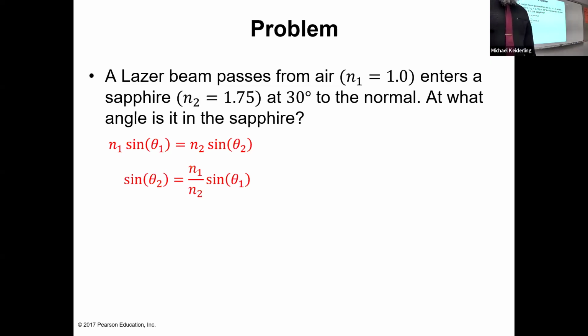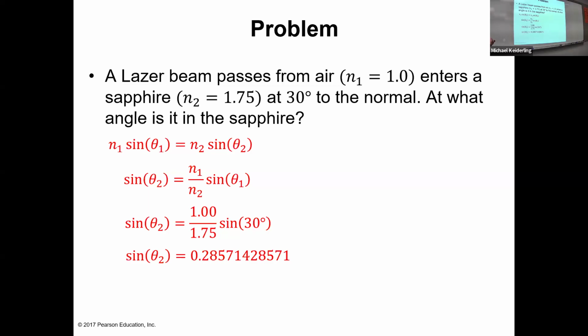So sine theta 2 will be n1 over n2 times sine theta 1. So 1 over 1.75 times sine of 30 degrees is sine of theta 2. So sine of theta 2 equals 0.2857, and so on. Theta 2 ends up equaling 16.6 degrees, because it bends towards the normal. It's closer to perpendicular.